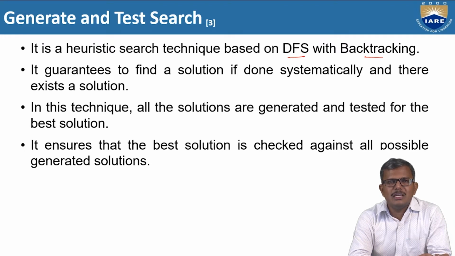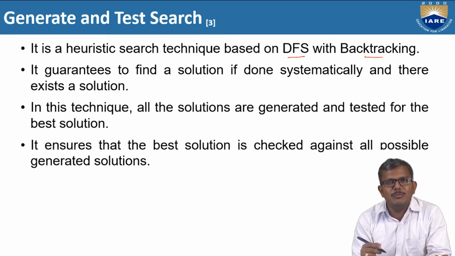That's why we say that the generate and test search technique can be a heuristic kind of technique. You can implement a heuristic search technique even in generate and test. Before, I mentioned that we are not implementing any heuristic function in this approach.